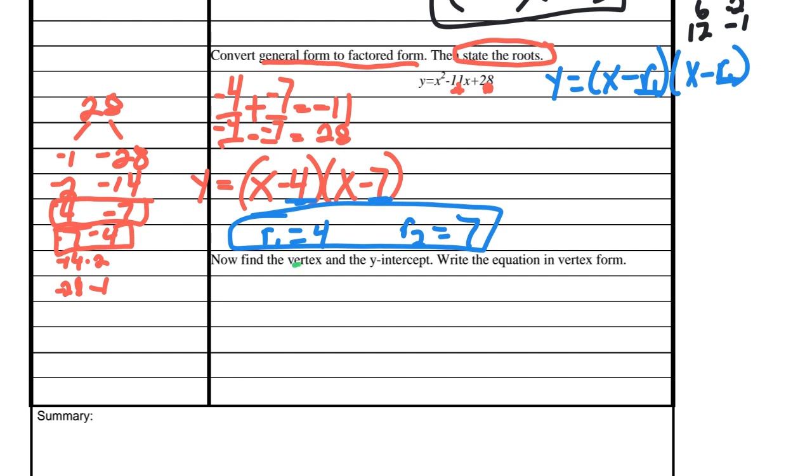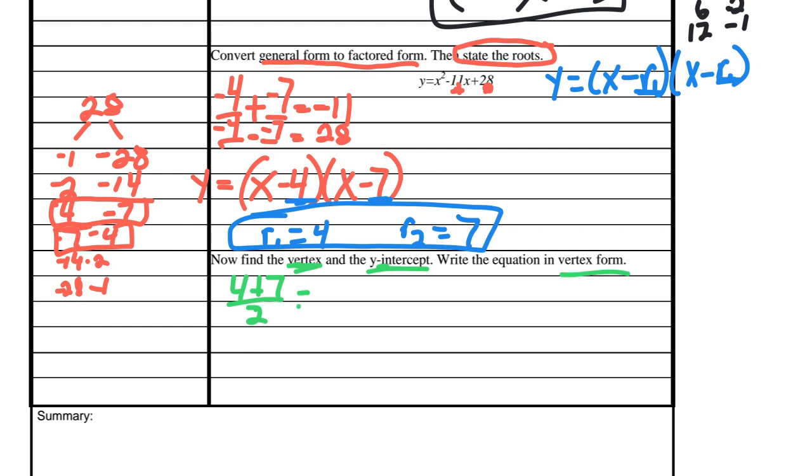Now it wants me to find the vertex and the y-intercept, and then write vertex form. So this is recalling everything that we did from the last unit. Well, I know my roots are 4 and 7, and I know that the vertex is halfway in between them, so I can do 4 plus 7, divide that by 2.